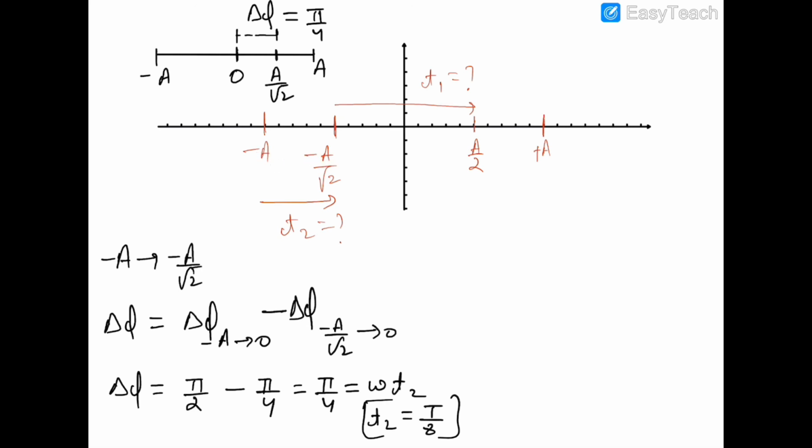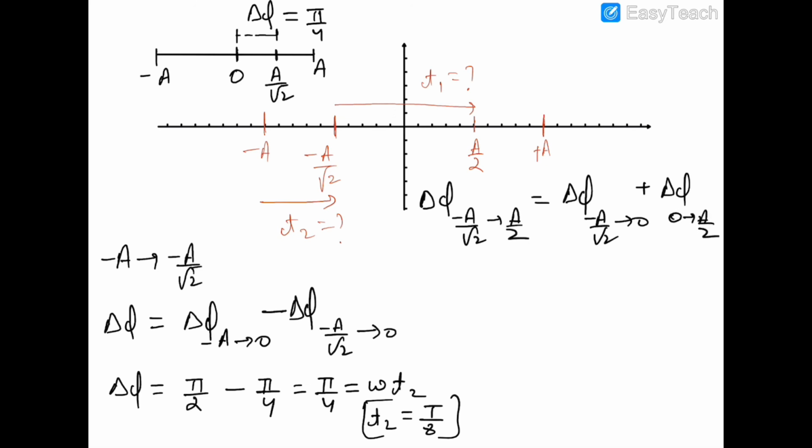Now we have to find out the time taken by the particle to move from minus a by root 2 to a by 2. So we can say that the change of phase when the particle moves from minus a by root 2 to a by 2 is equal to the change of phase when the particle moves from minus a by root 2 to 0, plus the change of phase when the particle moves from 0 to a by 2.